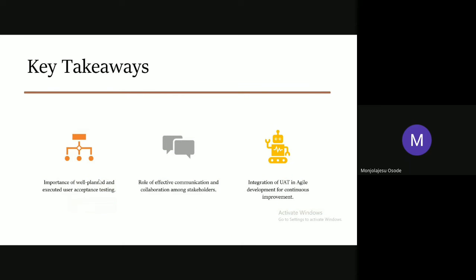So before we get to the question and answer section, the key takeaways that I want us to have are summarized into these three points. First, the importance of well-planned and executed user acceptance testing. You can only execute what is properly planned.